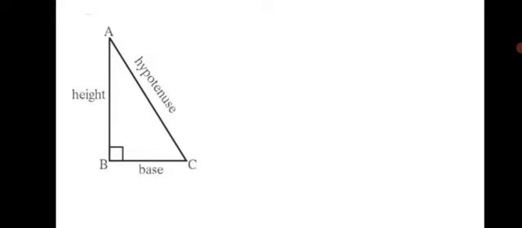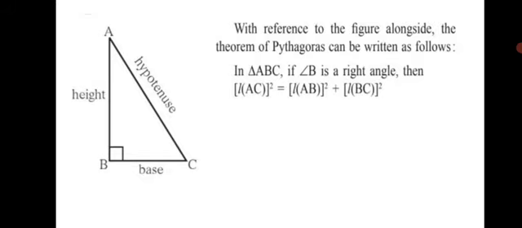As per Pythagoras theorem, the square of the hypotenuse, which is side AC here, that means AC square is equal to the sum, meaning addition, of the squares of the other two sides, that is AB square plus BC square.